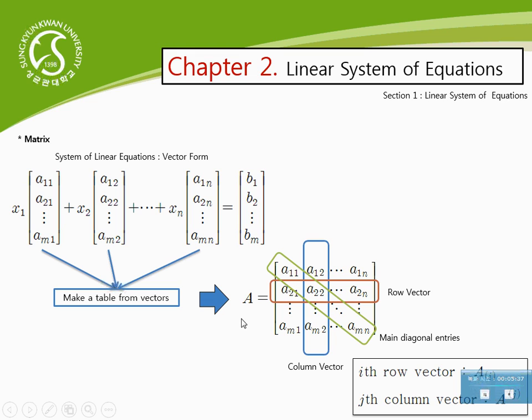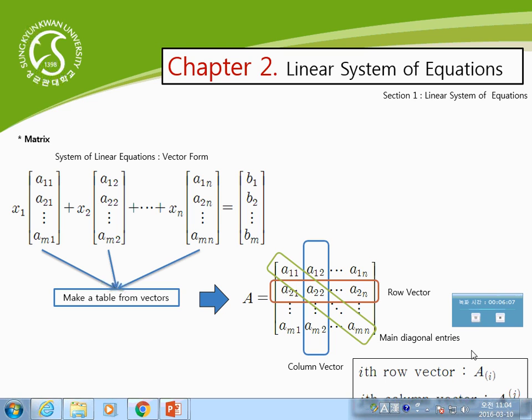We let it be A, capital A, and define it as a matrix. Then these columns are called column vectors, and we can call these rows row vectors. Okay? We learned about vectors in chapter 1, and these are called the main diagonal entries.